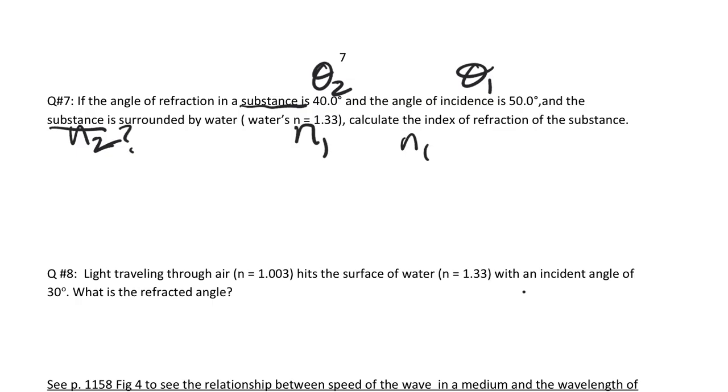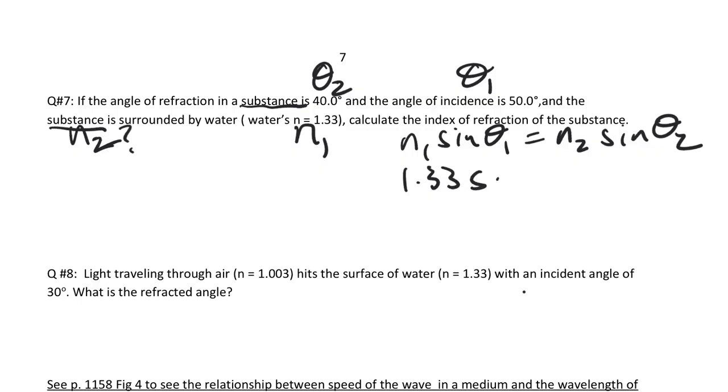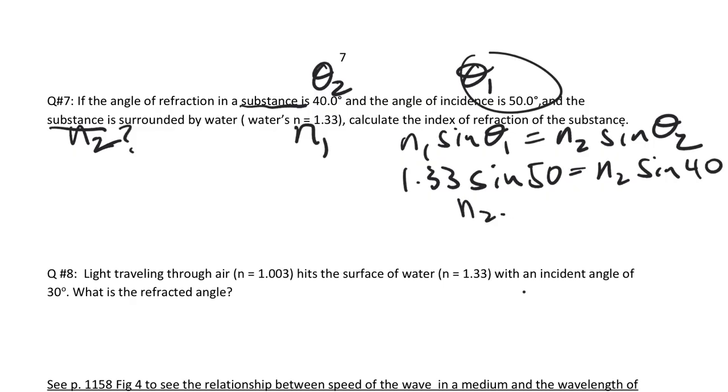So basically, N1 sine of theta 1 equals N2 sine of theta 2. So N1 is 1.33 times sine of 50 equals N2, which I'm looking for, times sine of 40. So N2 equals 1.33 sine of 50 over sine of 40.